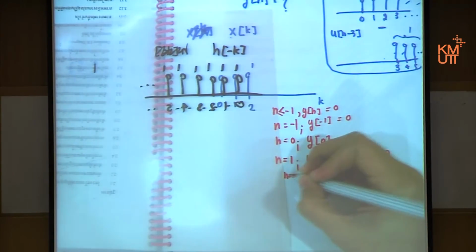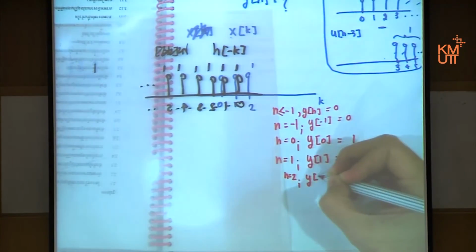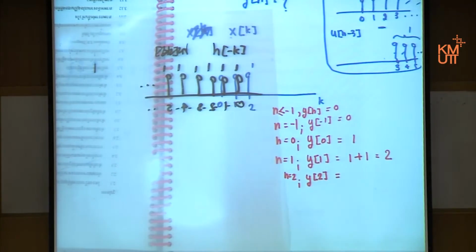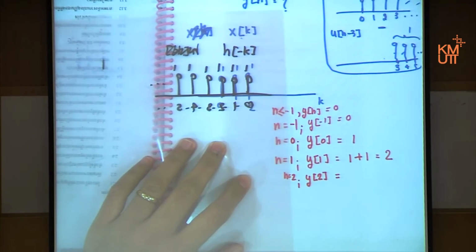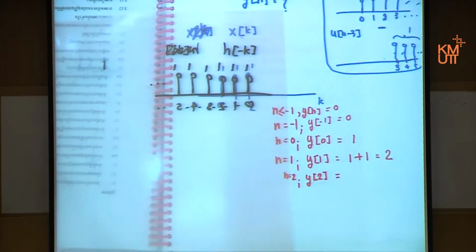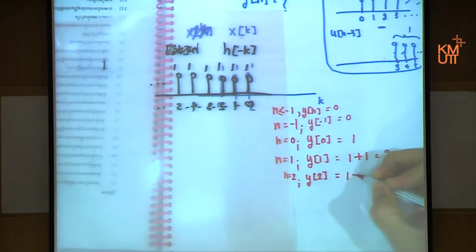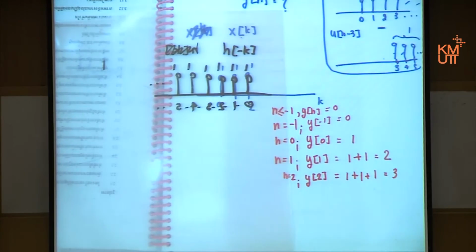When n equal to 2, y[2] is equal to, you just move another step, so now there are 3 overlappings, 1 multiplied by 1 plus 1 multiplied by 1 plus 1, it is 3.